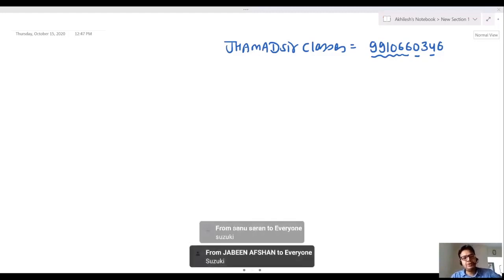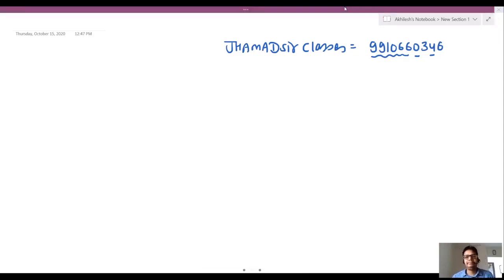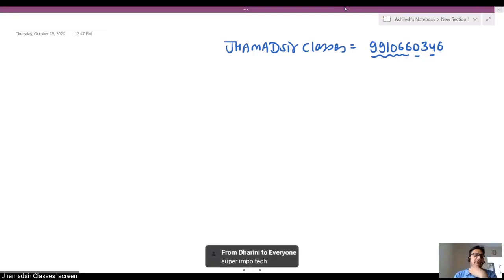Which part of the palate is used for identification? Hard palate or soft palate? Hard palate. Skull X-ray is used in which technique? Superimposition technique.